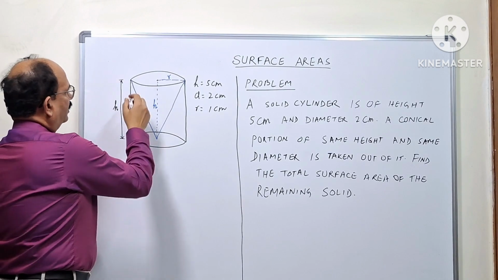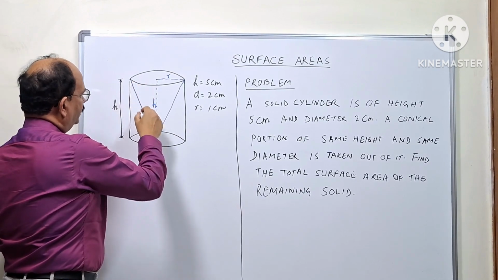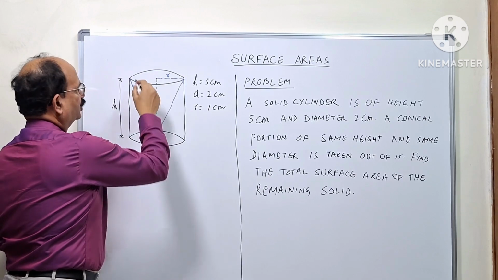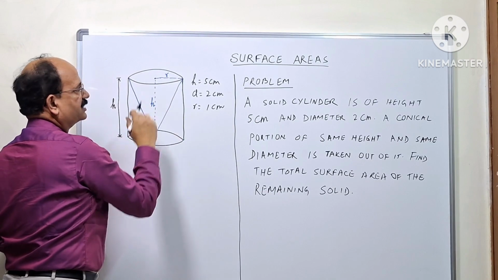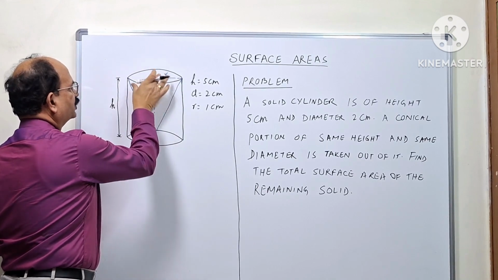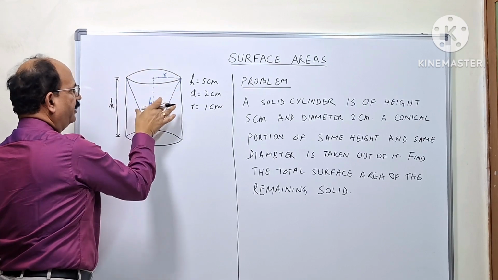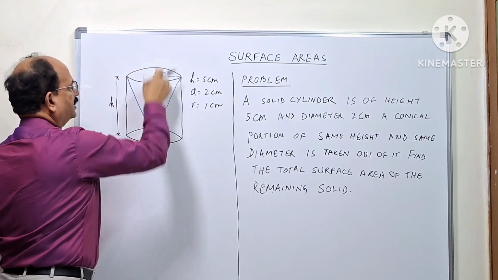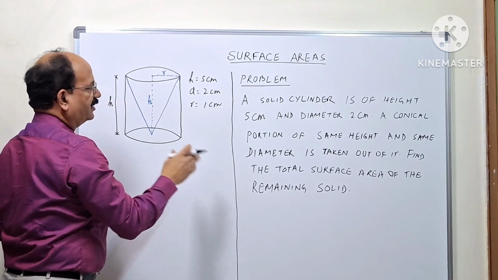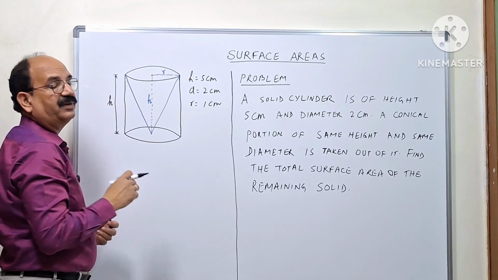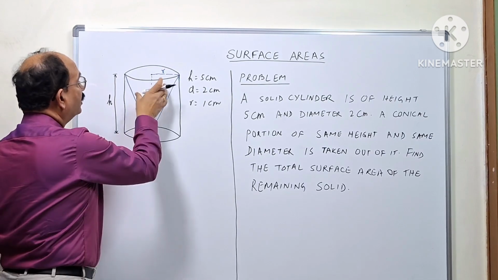Now after that, a conical portion. This is the conical portion which has been taken out from this solid cylinder. The question is to find the total surface area of the remaining solid. What will be the remaining solid?